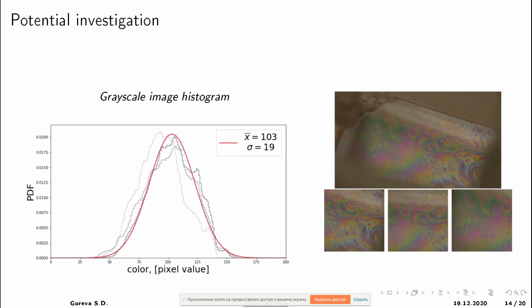In our further work we are going to make an interferometer to measure the thickness of the film, and as in fact the color reflected from the film is connected to the film's thickness, the image shows that the distribution of the potential is close to Gaussian.